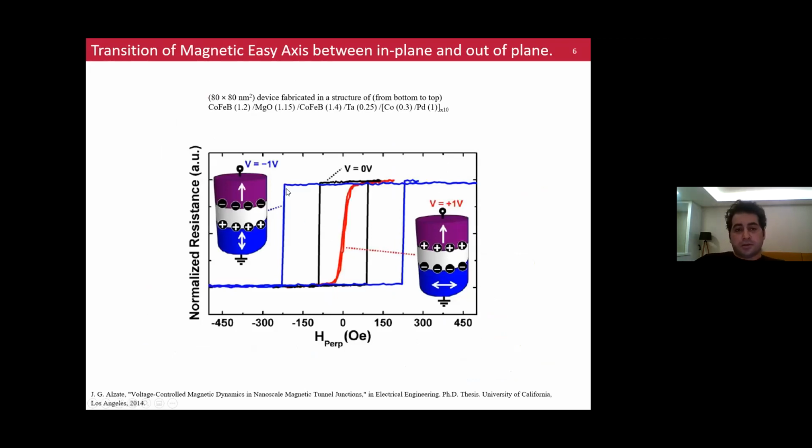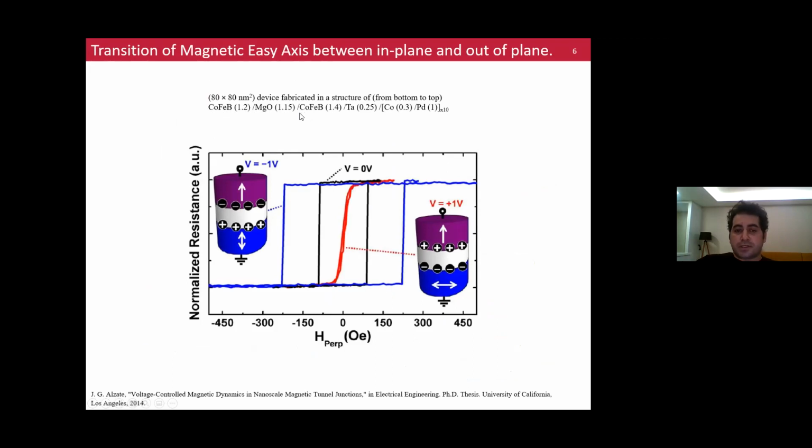In another concept, we can switch the magnetic easy axis between a perpendicular state and an inclined state. They again used an MTJ structure. For the free layer, they used CoFeB and MgO as the insulating layer.